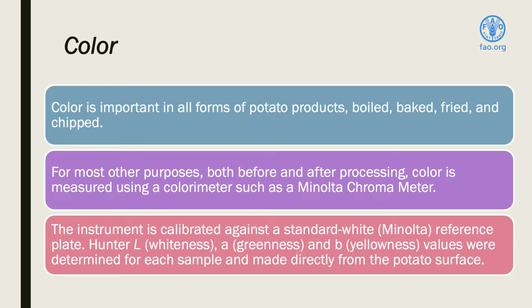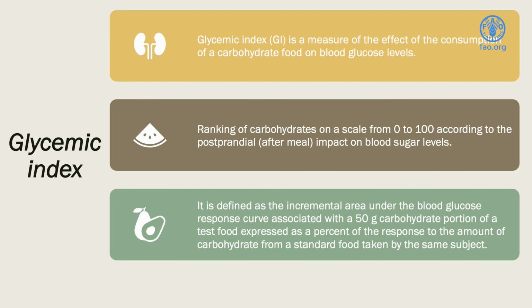The instrument is calibrated against a standard white reference, and Hunter L whiteness, a greenness, and b yellowness values were determined for each sample, made directly from the potato surface.